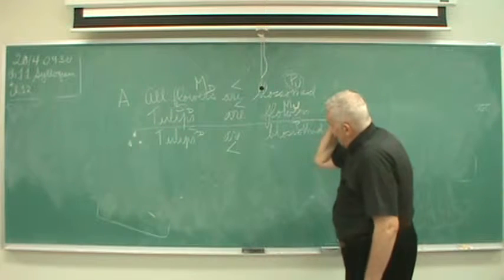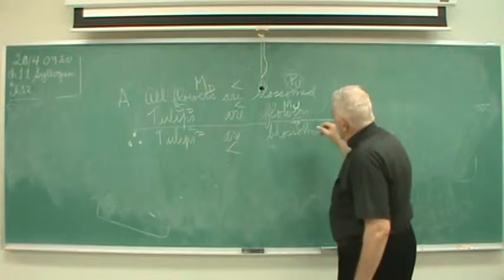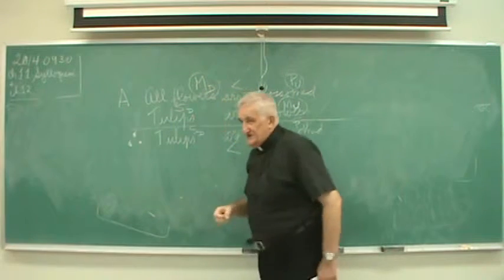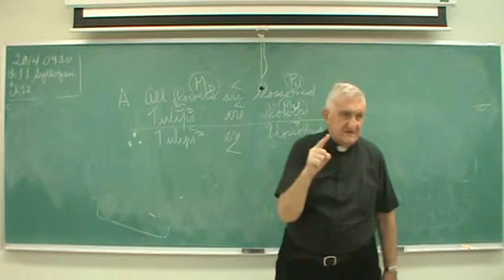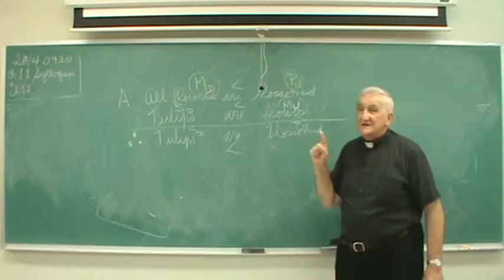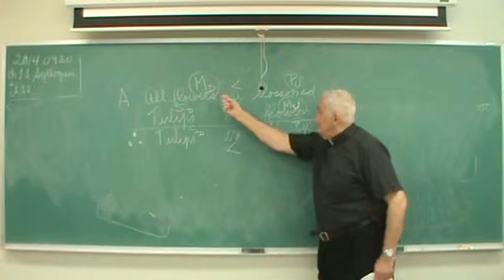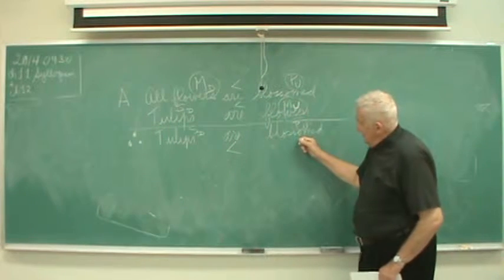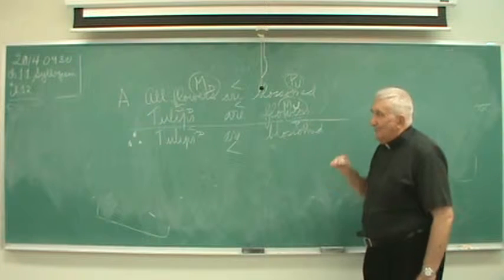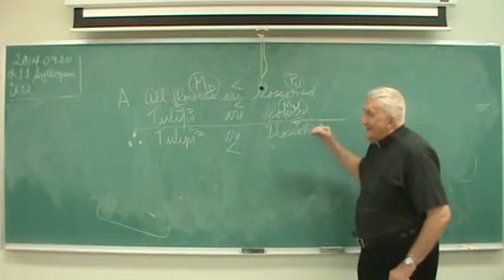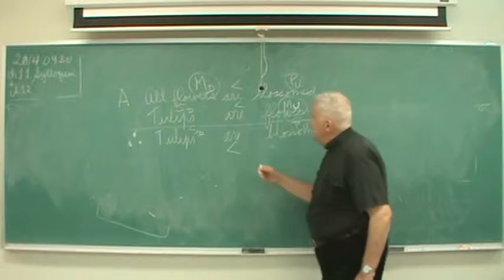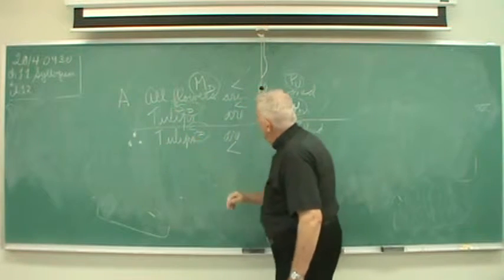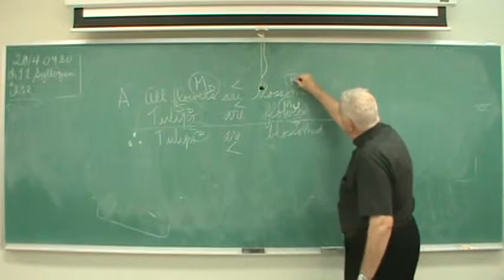And after that, we check the middle term. The middle term must be at least once universal, at least once distributed. Secondly, the term in the conclusion must not have more extension than in the premises. So here, the subject is distributed, and here, the predicate is undistributed.